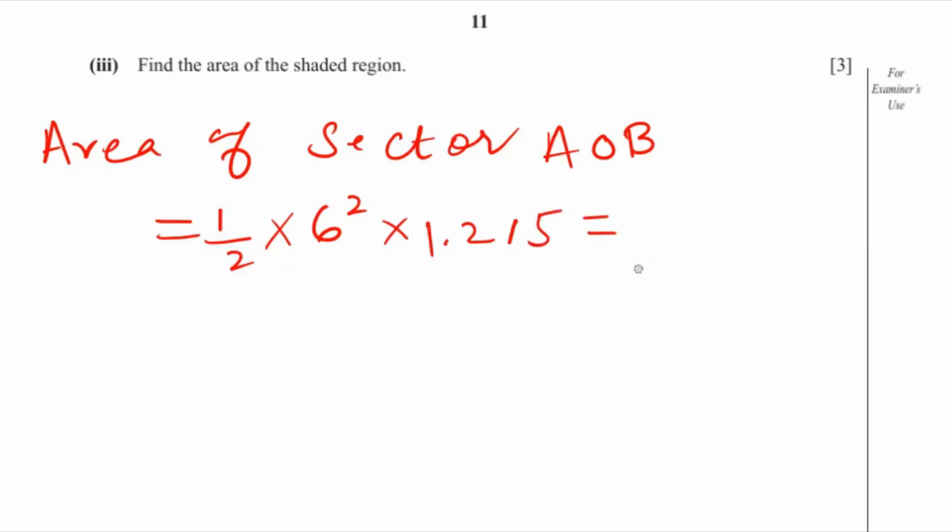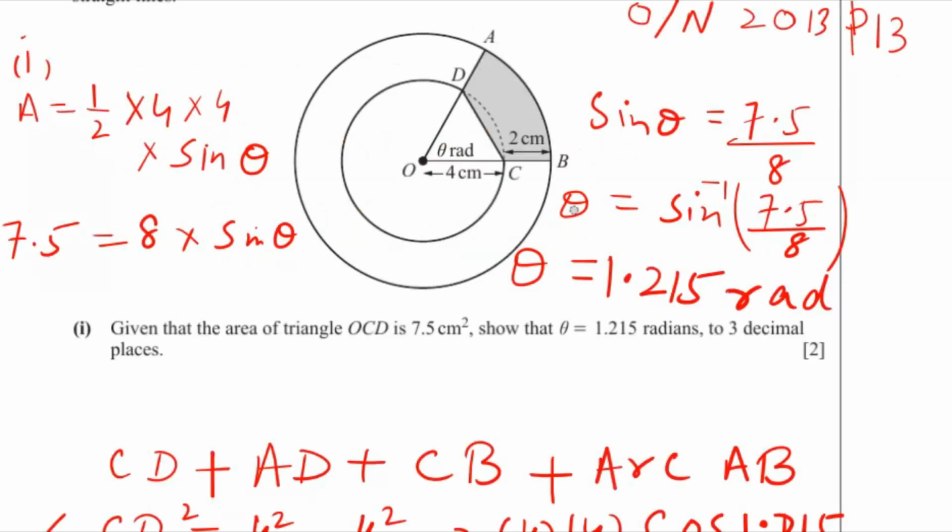The answer is, I am using my calculator, 6 square multiplied by 1.215 divided by 2, 21.37. This represents the area of the whole figure, that is the area of the shaded region and unshaded region.